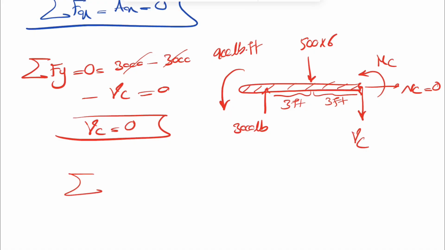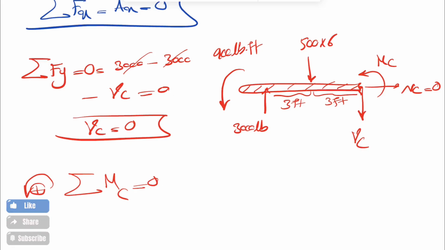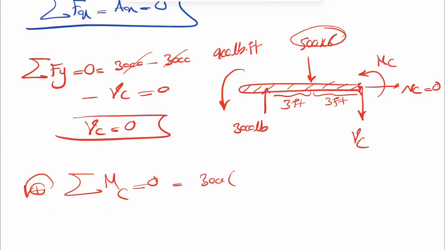And if we want to find the bending moment, we have sum of all moments about C equals 0. So we have the moment of the distributed force, and it's going to be counterclockwise, so 3,000 times 3, minus the other 3,000, this one, and that one's going to be clockwise, so 3 plus 3, or 6.